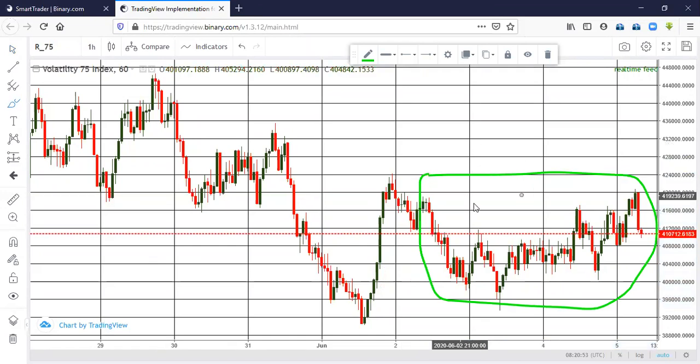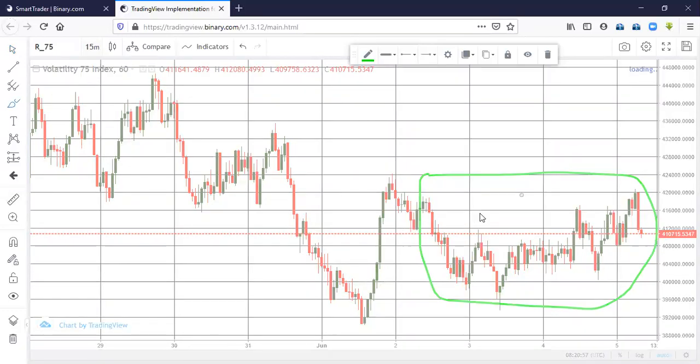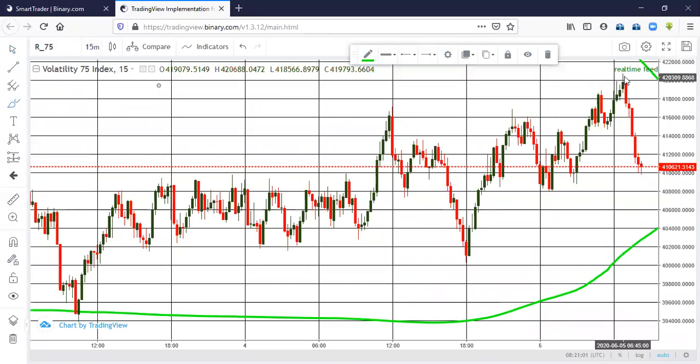But if you were trading on the 15 minutes time frame, you would observe that the market had actually started coming down, just like how our master setup had predicted on the 15 minutes time frame.